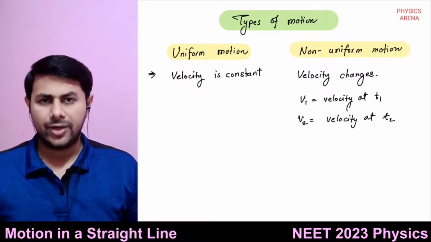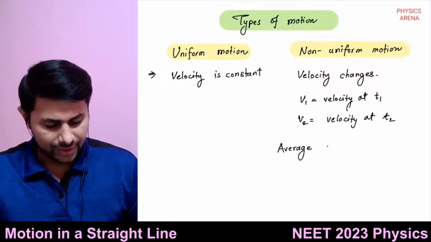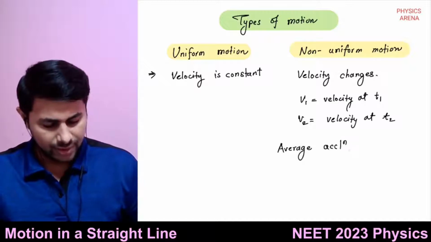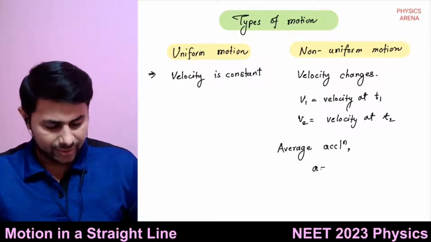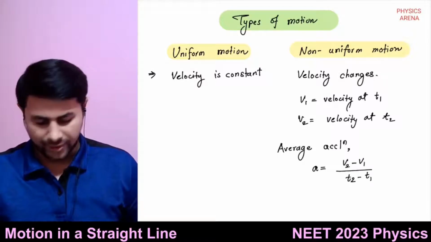Then the average acceleration, denoted by a, is defined as v2 minus v1 divided by t2 minus t1.